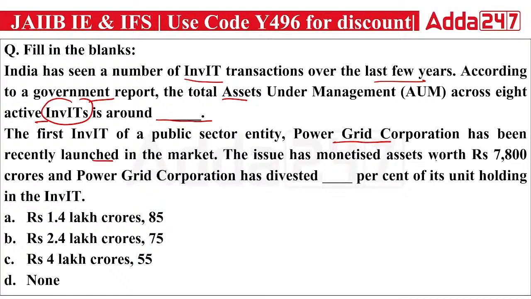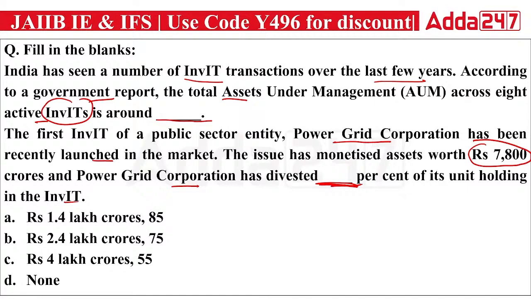The issue has monetized assets worth rupees 7,800 crore, and the Power Grid Corporation has divested a certain percent of its units. Now you have to answer, right? For the total asset under management across 8 active InvITs is around what amount?